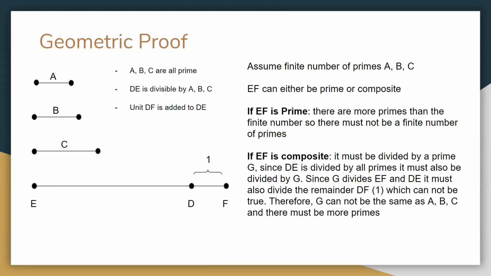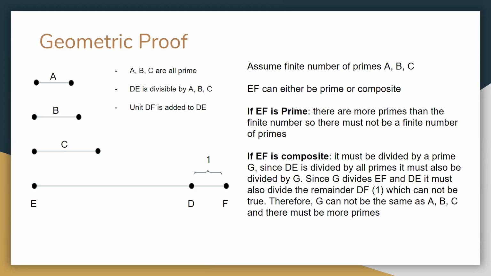Then the segment EF can either be prime or composite. If it's prime, then that shows that there are more primes than just A, B, and C, which proves that there will keep being more primes and there are infinitely many primes. The other option is that EF is composite.